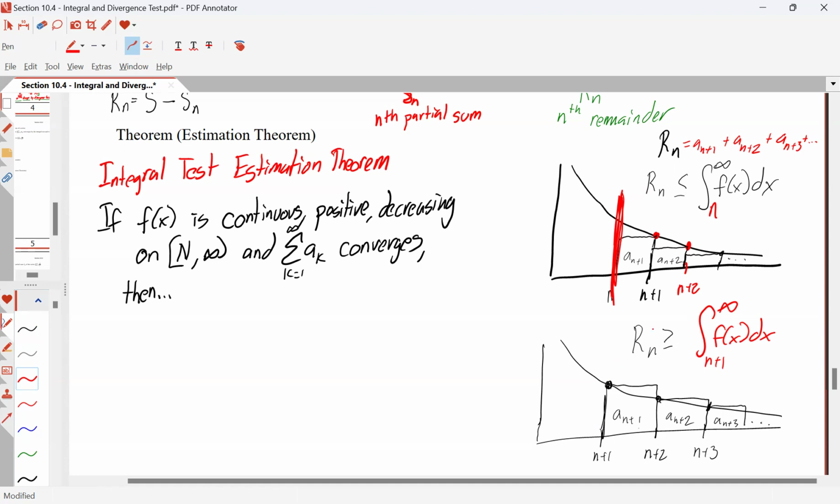This means if we order these inequalities, the integral from n plus 1 to infinity of f of x dx is smaller than the remainder term. And that remainder is smaller than the integral from n to infinity.